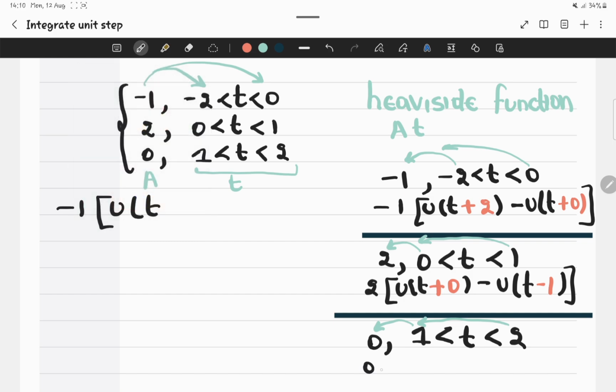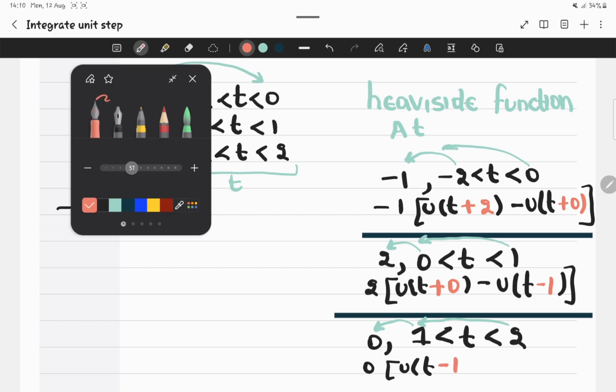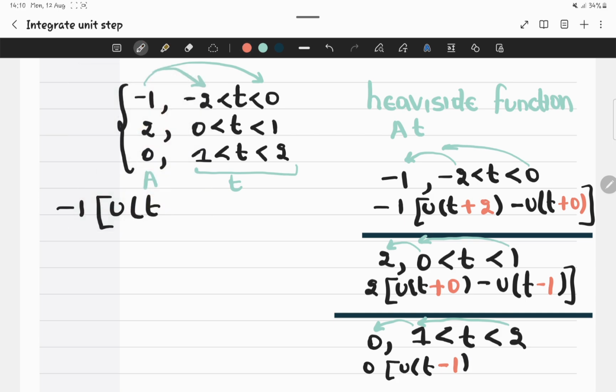It's going to be 0 times u(t). When you move 1 to the other side, it's going to be negative 1. Negative u(t). When 2 moves to the other side, it's going to be negative 2.